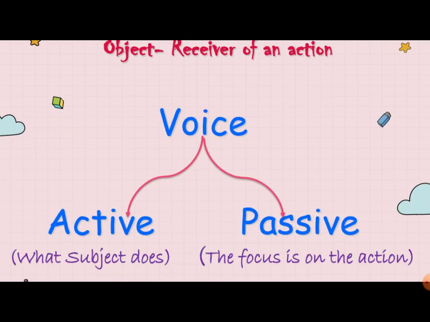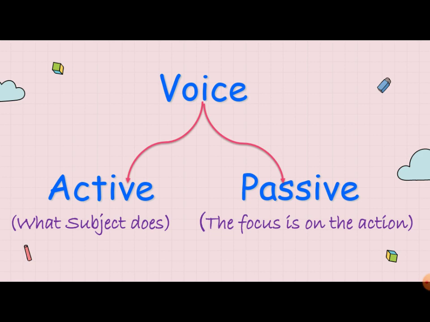So on the basis of this subject and object, the voice is divided into two, active voice and passive voice. Active voice concentrates on the subject, what the subject does. And passive voice, the focus is on the action done. Okay?